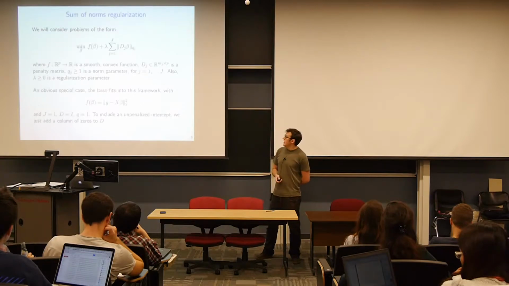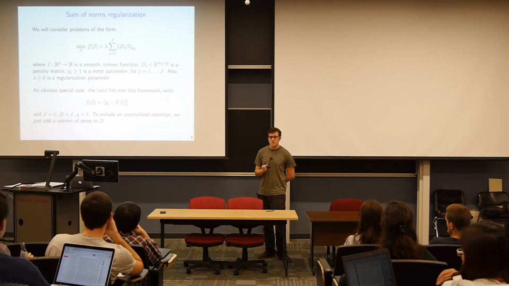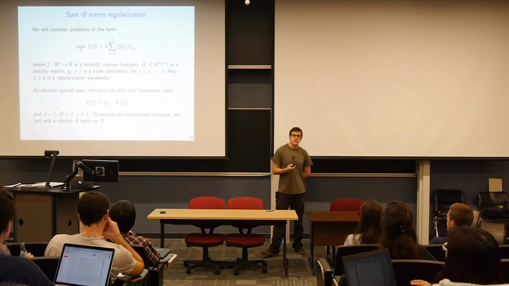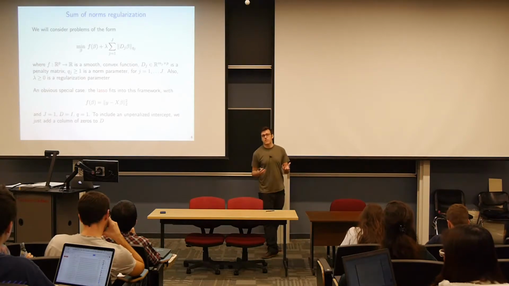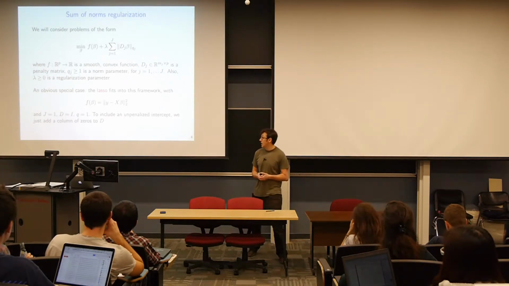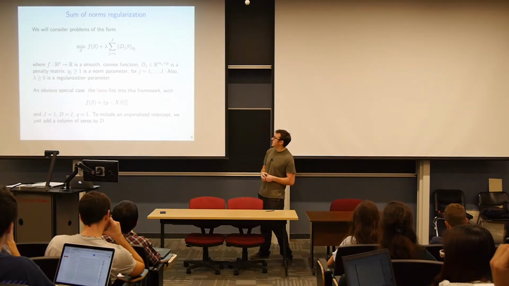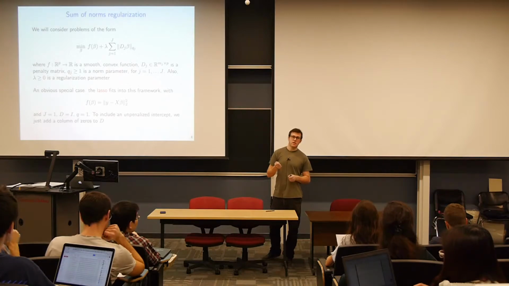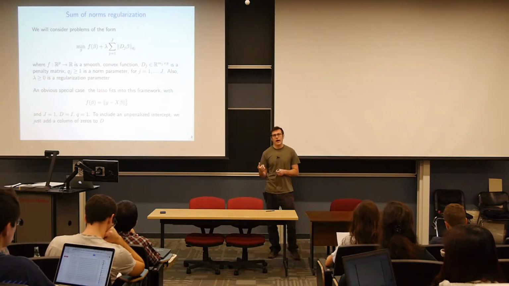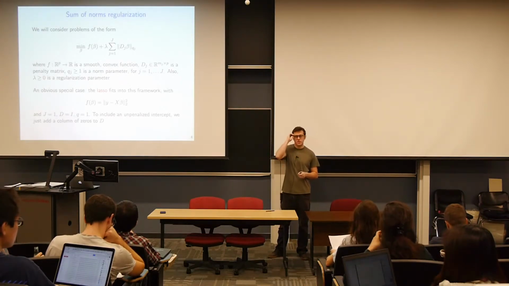And so we're going to apply this knowledge to problems of this form. This goes by many different names. In these sets of slides, we're calling this the sum of norms regularization problem. Here we have some smooth function f. As usual, we have parameters or optimization variables beta.